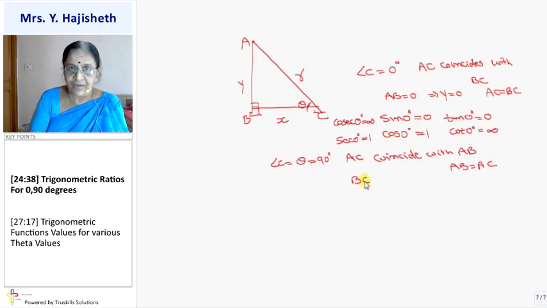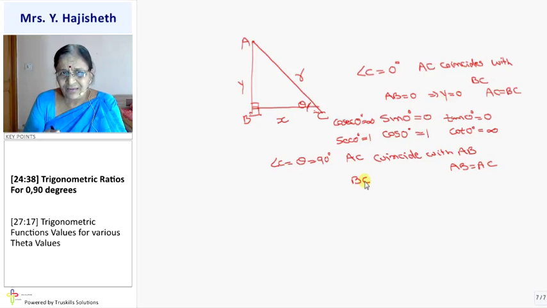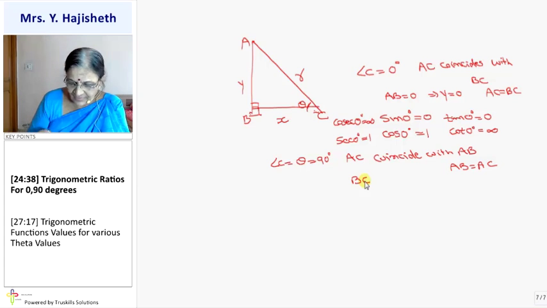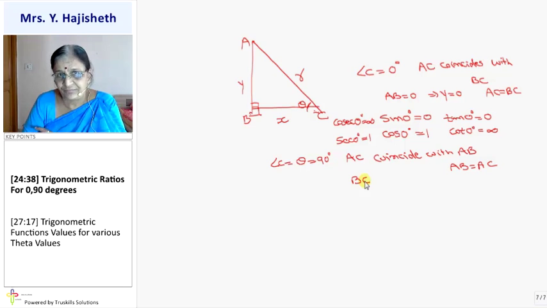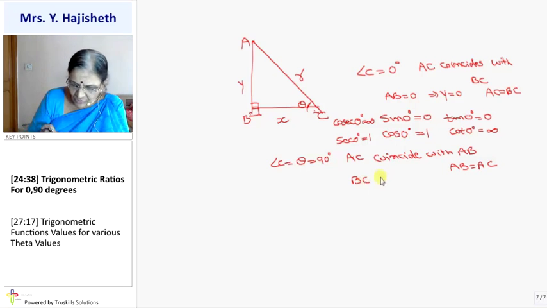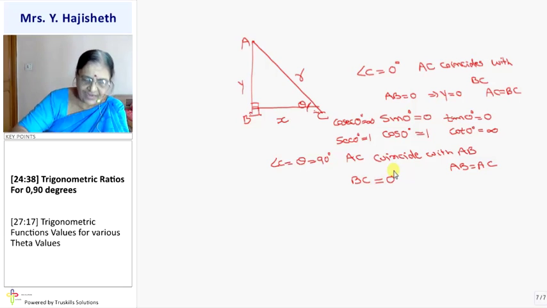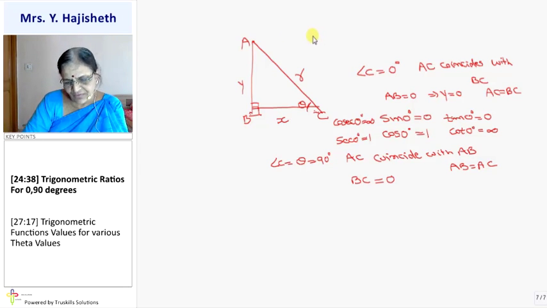If it is 90, then my BC will remain BC, but my AB is coincide with AC, right? So here AB is 0, and here if my C is going to become 90, then what is 0? Yes. What is going to become 0? BC is 0. AC ऐसे आ जाएगा नीचे, तो ये भी 0, और AC ऐसे हो जाएगा, राइट? तो BC will be 0.